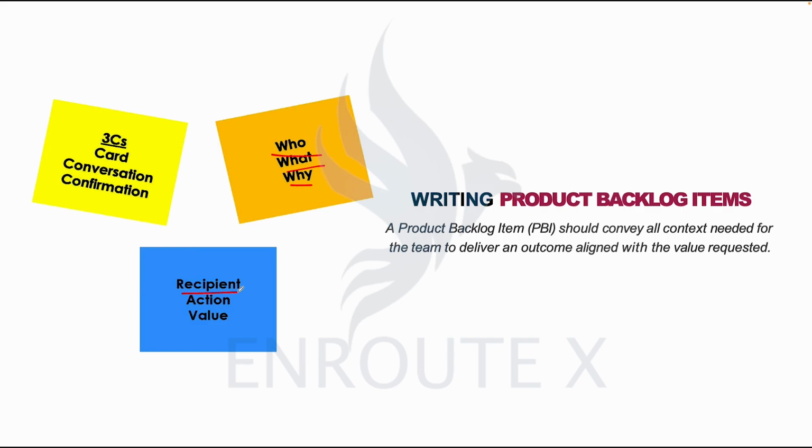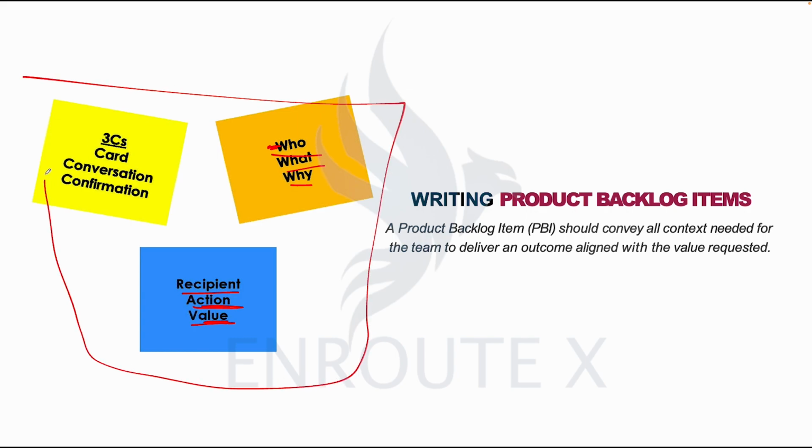The recipient is who would receive it. The action is what is being done, and the value is the benefit we will see from it. So these three are representations of the user story from different angles.